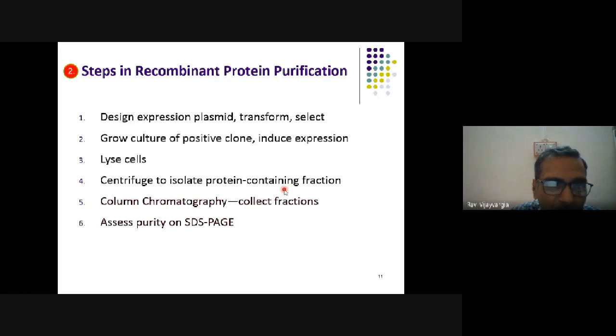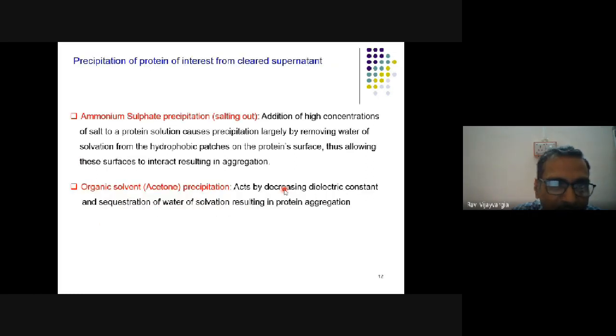So if there is a method to get your protein concentrated before you subject it to chromatography, that will make the possibility of getting pure protein higher compared to using the entire mixture directly.